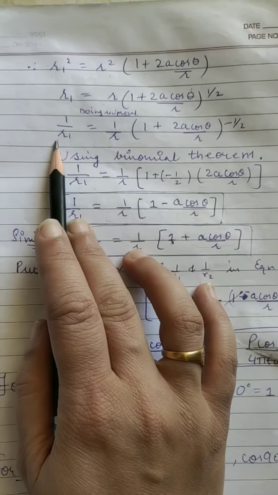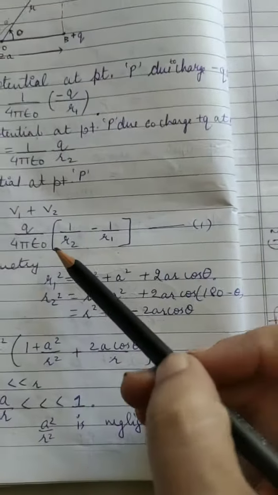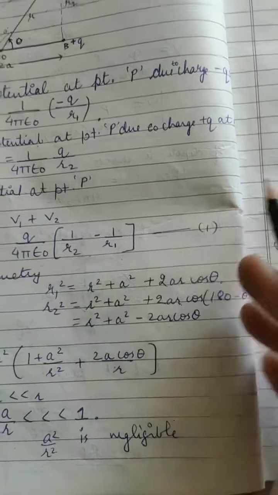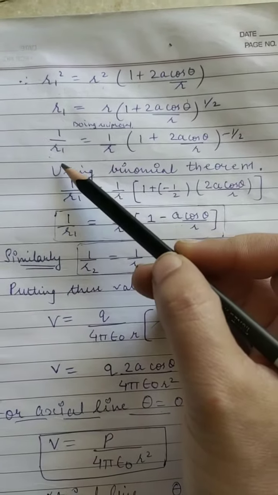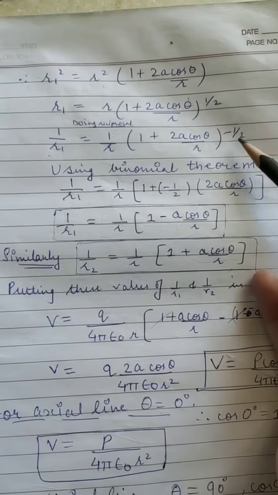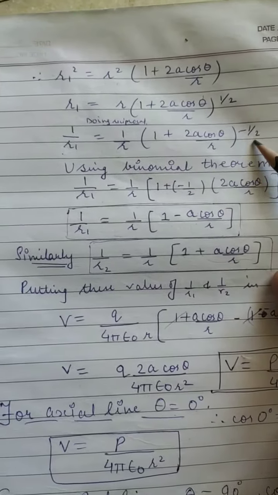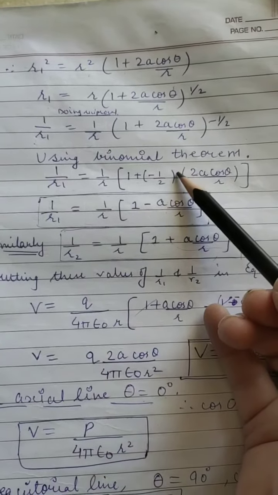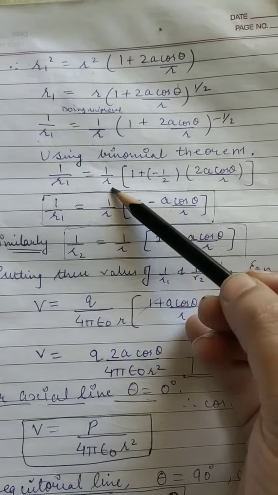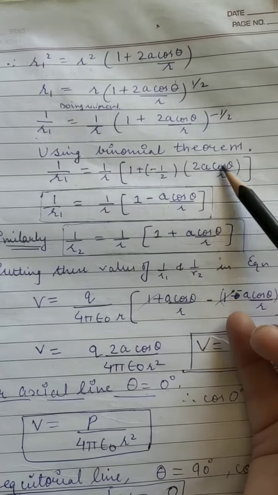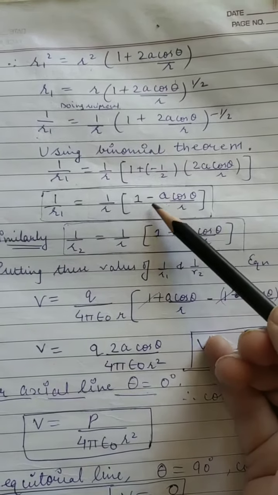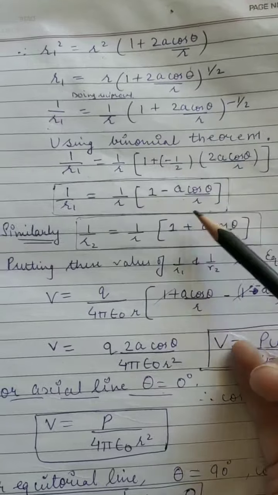According to the formula, we require 1 upon r1, so we take the reciprocal. After the reciprocal, the power will be minus 1 by 2. Using the binomial theorem, 1 upon r1 is 1 upon r times 1 minus 1 by 2 times 2a cos theta upon r. The 2 will cancel out, and you will get minus a cos theta upon r.